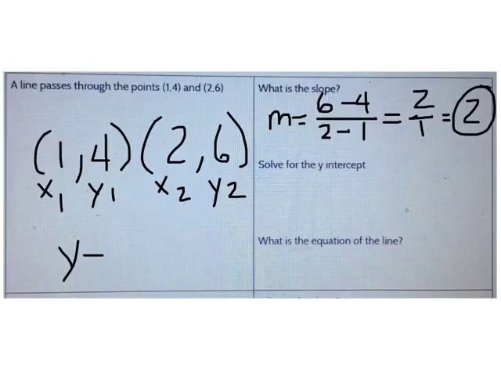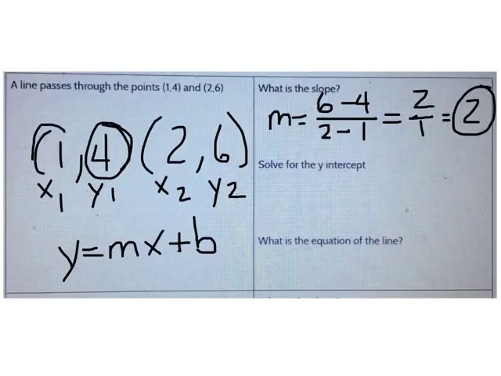I know that to write an equation in slope-intercept form, I can use y equals mx plus b. Here, I can use 4 as the y and 1 as the x. That's a point on the line. I can plug in 2 as the slope.